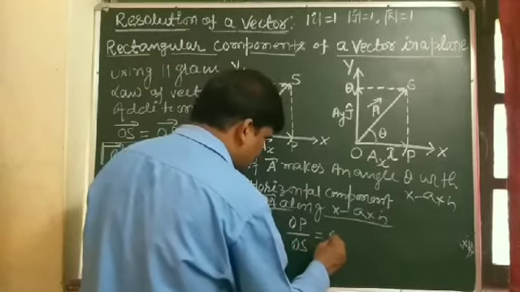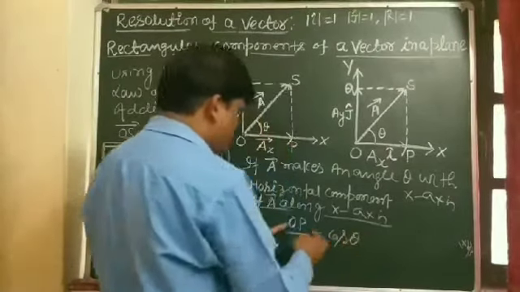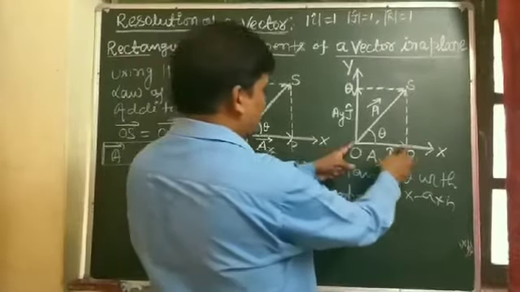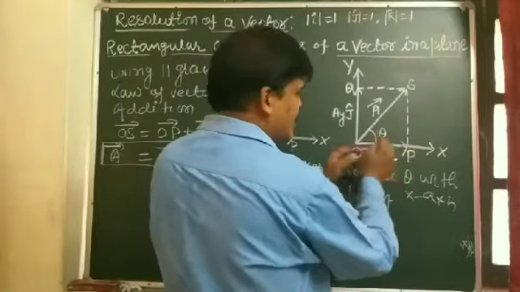The angle is theta, so this is cos theta. And OP is the magnitude of AX i cap.